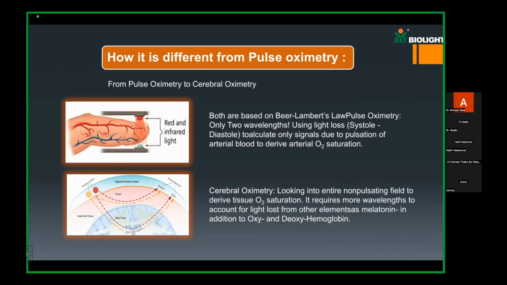In the case of pulse oximetry, it uses only two wavelengths, using light loss in systole and diastole, to calculate only the signals due to pulsation of arterial blood to derive arterial oxygen saturation. On the other hand, cerebral oximetry looks at the entire non-pulsatile field to derive tissue oxygen saturation. It requires more wavelengths to account for light loss from other elements, such as melanin, in addition to oxy and deoxyhemoglobin.